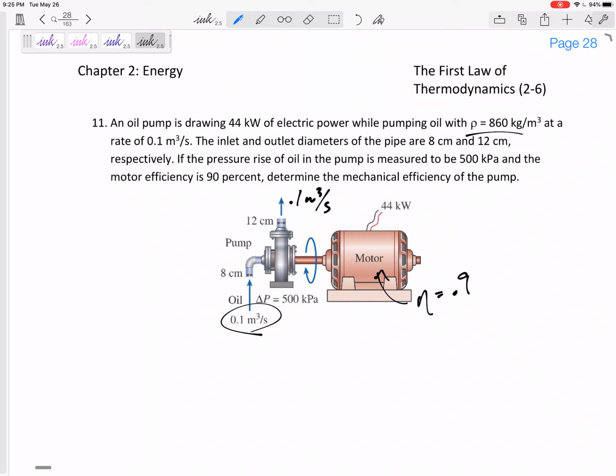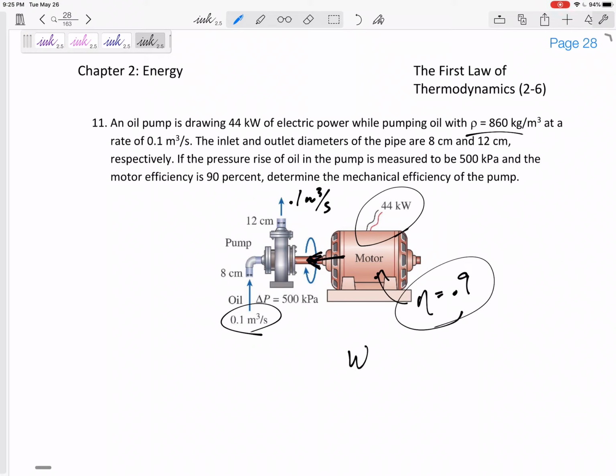All right. So first things first, do you see this right here? It's drawing 44 kilowatts of electric power, but it's only 90% efficient. So how much shaft power or shaft work is really going to our pump? Let's do that real quick.